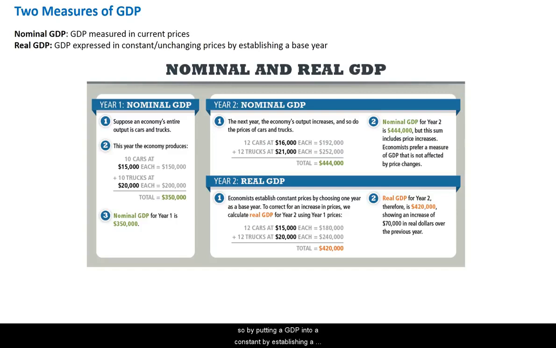So by putting GDP into what we call a constant and establishing a base year when you calculate it, you're able to get what's called real GDP, and it gives you a more consistent measurement to go on, and you're not having to constantly recalculate it every time prices change like you might have to do with nominal.